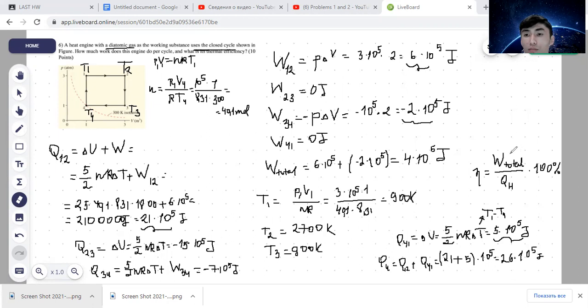So we found the two parts of this thermal efficiency, right? Total work is calculated, and Q heat is also calculated. So let's find it easily. Total work equals 4 times 10 to the power of 5 over 26 times 10 to the power of 5 times 100%.